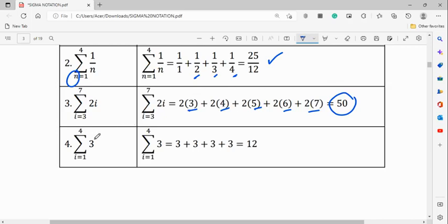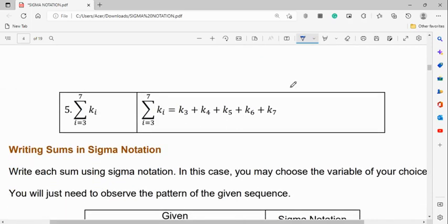Take note also, class, you can also get the summation of a repeated constant, that is the summation of 3 from 1 to 4, or sa madaling salita 1, 2, 3, 4. Four, apat na 3, which is 12. Another, k sub I, where I starts from 3.